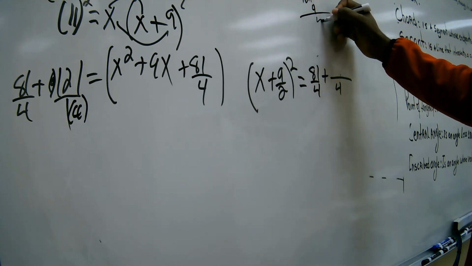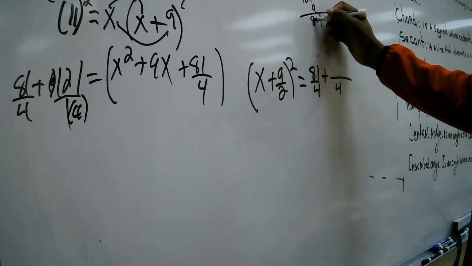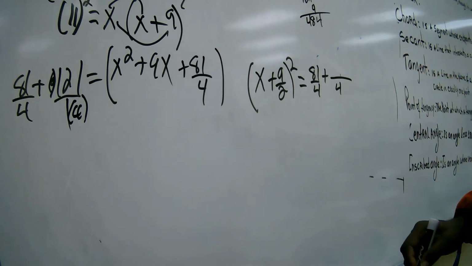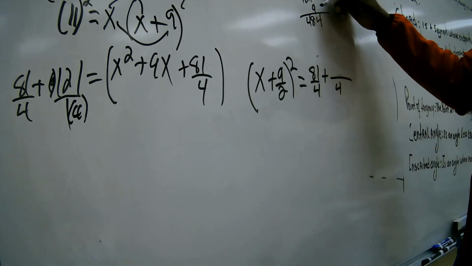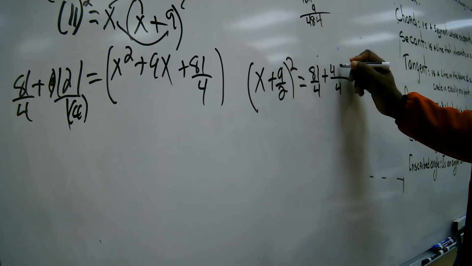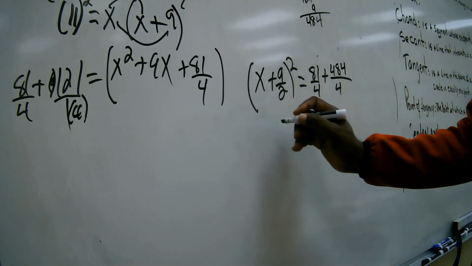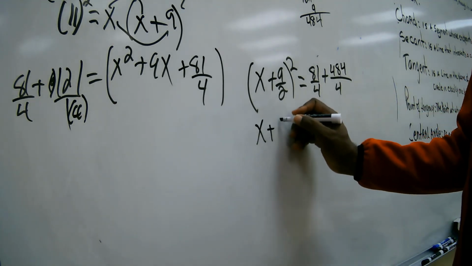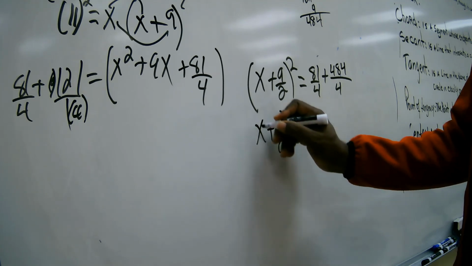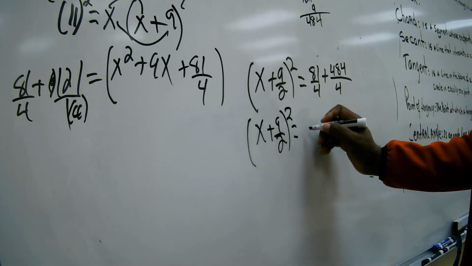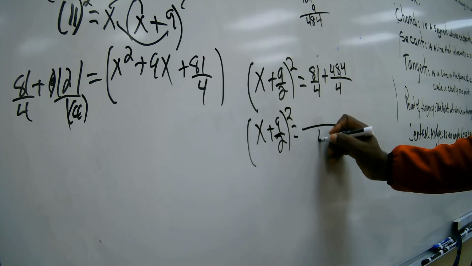That will give you 484. Alright? 484. Then you will end up with x plus 9 over 2 squared.